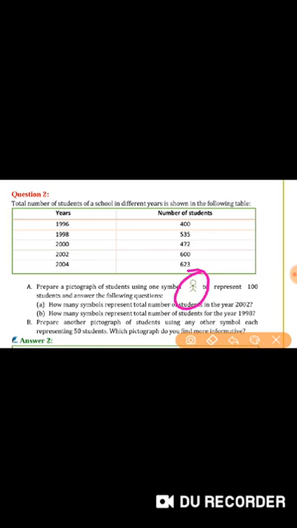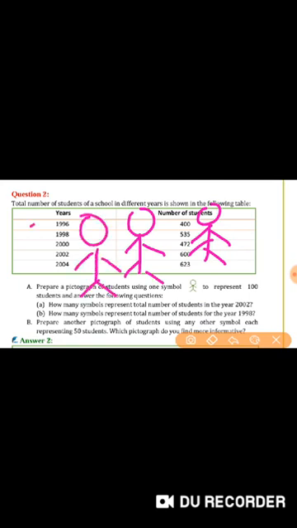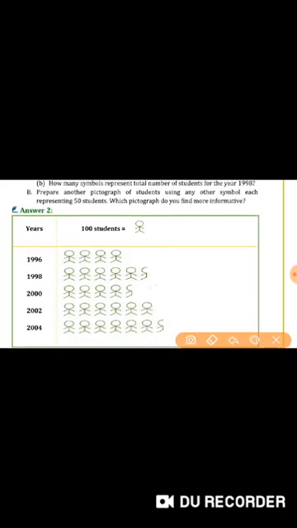Here 400 means we can draw 4 pictures like this. In the same way we can take half also. So 100 students, 200, 300, 400, 500, 535, like that.